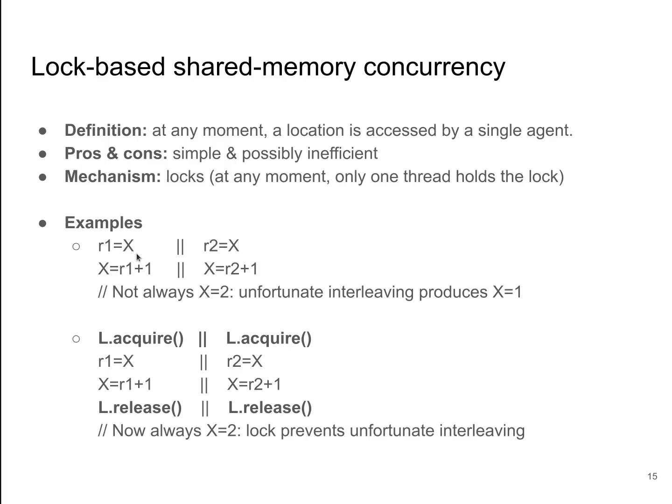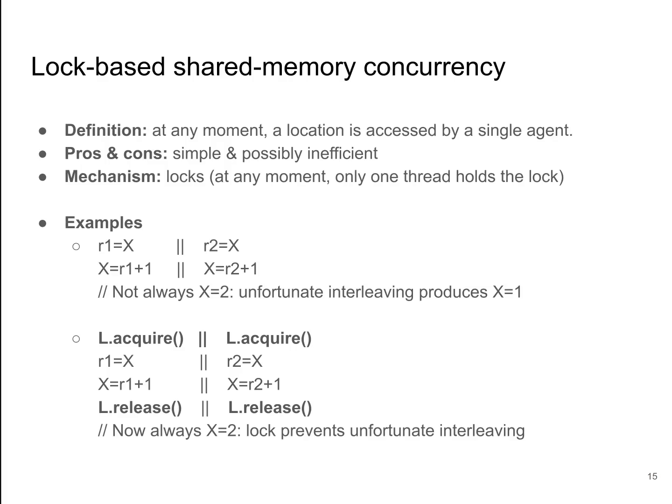This program is basically reading from X, adding 1 to it, and then assigning the new value to X again. At the same time, the right thread is doing the same thing. It is reading from X, adding 1, and storing it to X again. Also, as a convention, let's assume that all the shared memory locations are 0 at the beginning of the execution.